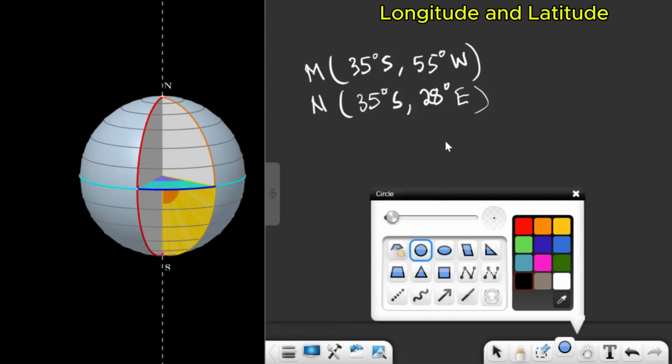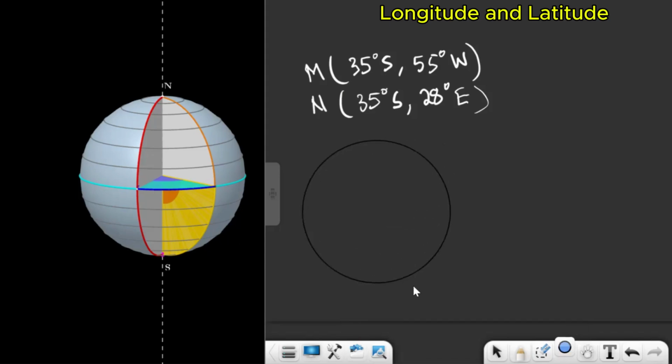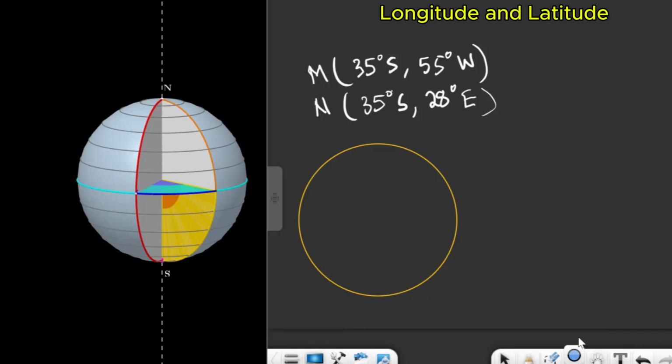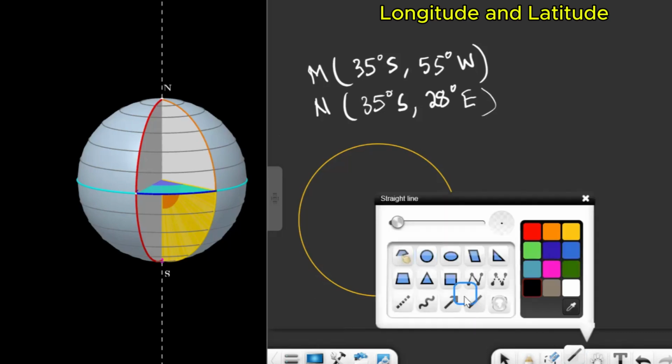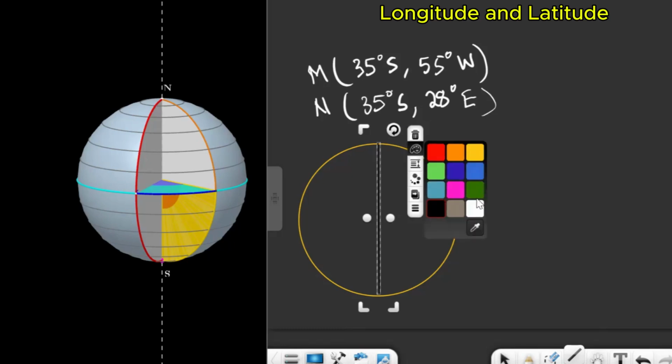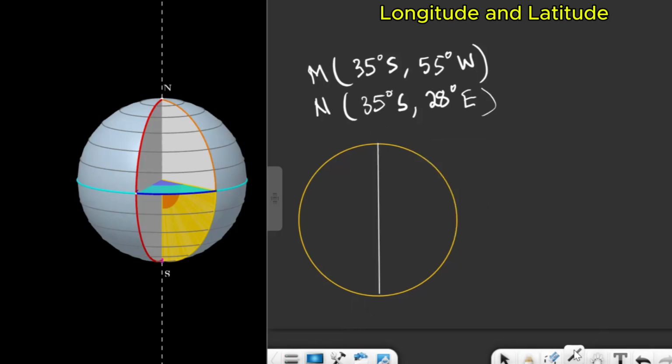So we get our globe, and then we take the diameter of the prime meridian. Then let's take one more, the diameter of the equator.